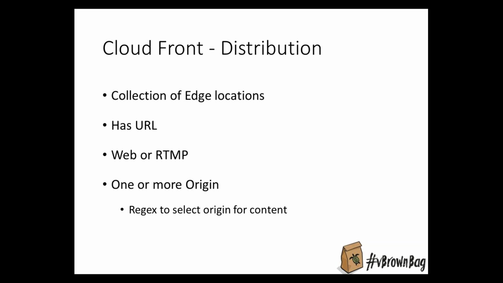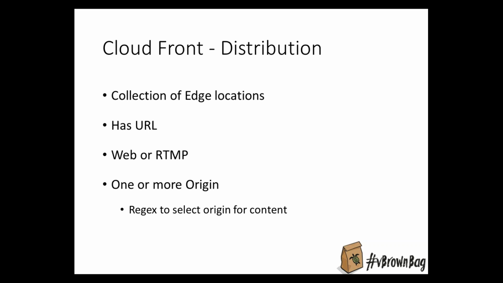The next thing that we configure for CloudFront is a distribution, and this is the locations that we're going to distribute this content to. The more CloudFront locations you distribute your content to, the greater the cost. The fewer, then the less caching you get, and therefore the greater chance of a slow experience for the user.